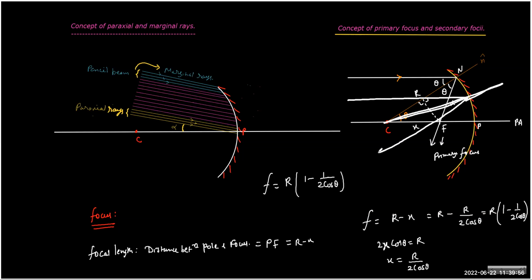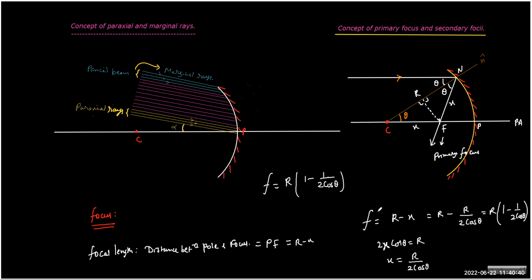A small angle means the closer you go to the principal axis, the farther the focus will be. Do you realize this? The focus will shift from here to somewhere further, and if you draw even closer, the focal length will go even farther away.